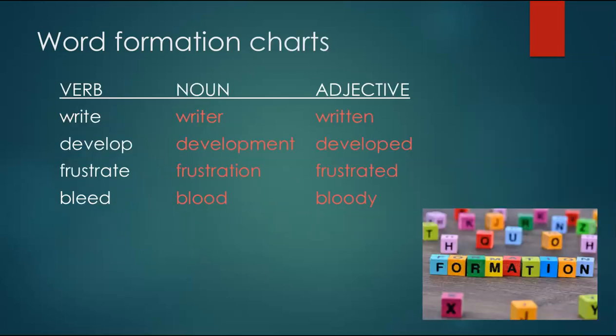So it can be useful to use word formation charts to teach students to find other words in that same word family that are a different part of speech. So here the verb is given on the left, and the student must find the noun and find the adjective. So from write, they must find writer, written, develop, development, developed, frustrate, frustration, frustrated, bleed, blood, bloody.